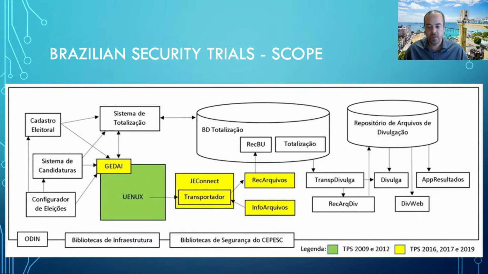And you have JE Connect, which is a Linux on 2 thumb drives that you can use to boot a PC, connect to the election authority VPN, and send the results from there. And also the parts that receive the files at the other end. So this is what you can try to hack in this trial.